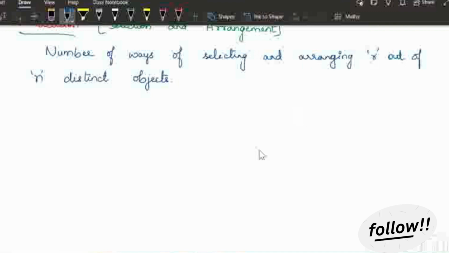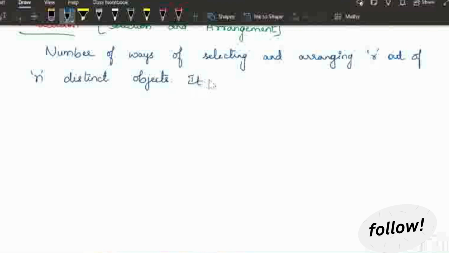Therefore, r should always be less than or equal to n. It can never be greater than n. So out of 10 objects, you can take 6 objects or 7 objects or even all 10. But you cannot select 12 objects from 10 objects, which is not possible.